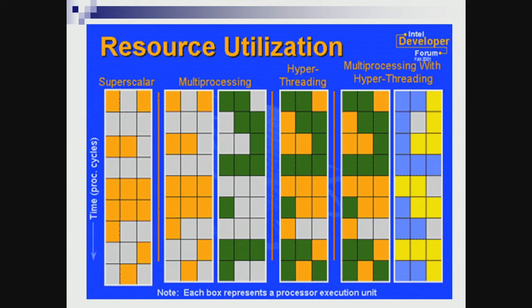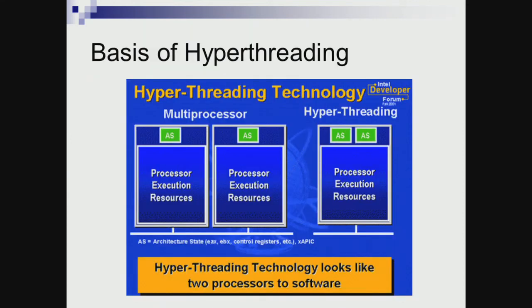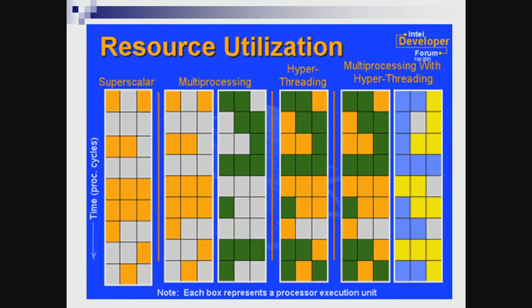Next comes hyper-threading, where we can start using some amount of resources. Hyper-threading basically has 2 architectural states, as I showed here, but the execution resource will be shared. What you see in the third column, under hyper-threading in this slide, is that whatever we saw as multi-core, the execution resources have merged there. Now you see the number of white squares in the third column is much less.